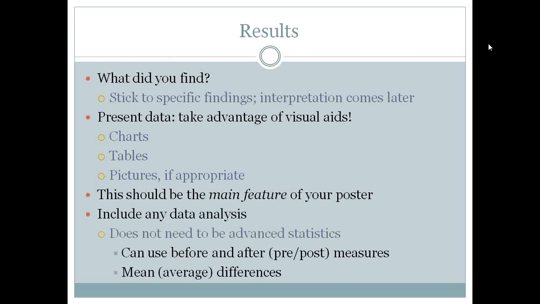You can include any data analysis, and it doesn't need to be very sophisticated. Simple before and after measures. Say, for example, you're using a pain scale. Maybe you ask them to complete the pain scale when they come in before the treatment, and then you ask them again after the treatment. So you'll have two measures for each treatment.